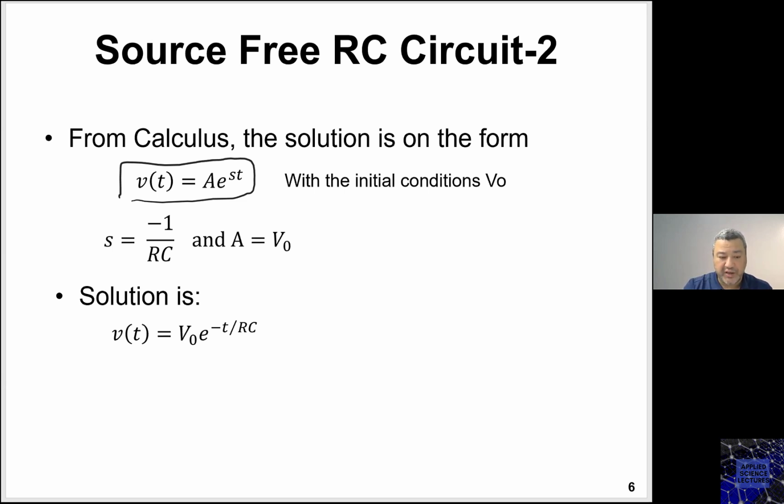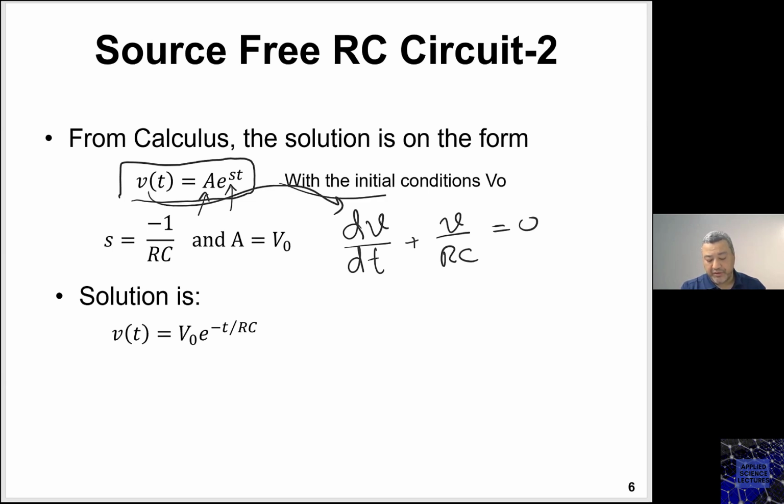Now I need to calculate A and s. So how do I do this? If you take this function and substitute it into the expression that we found, dv over dt plus v over RC equals 0, and rearrange, you will find that s would be minus 1 over RC.